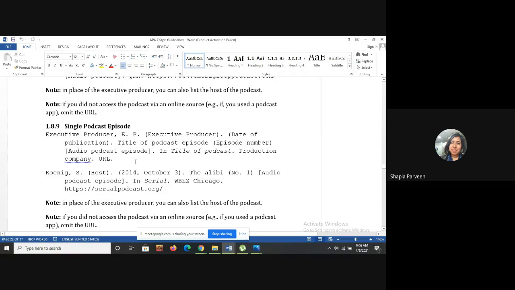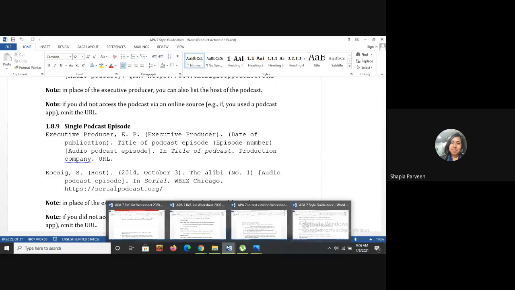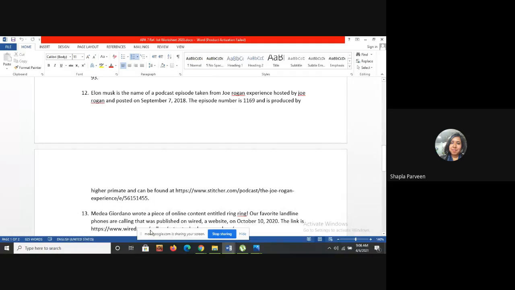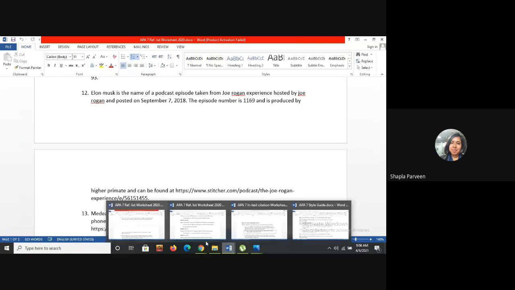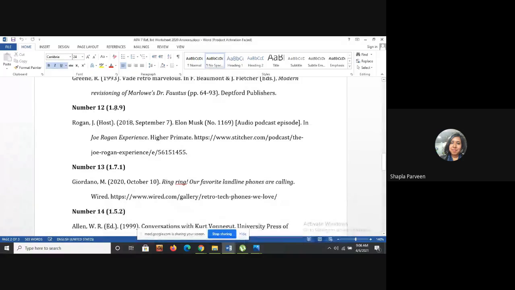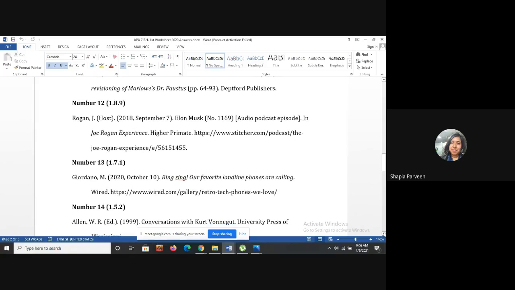So you can see a lot of things here. Basically, entry number 12 followed rule 1.8.9, because it's a single host. All right. So please check the rules.